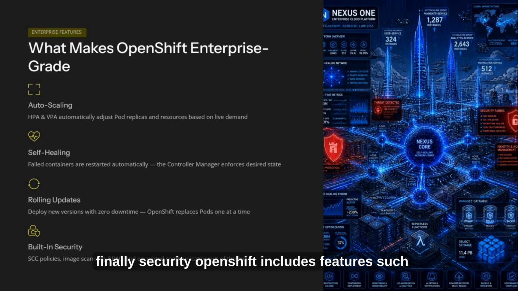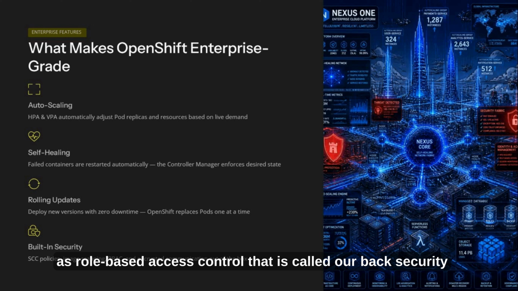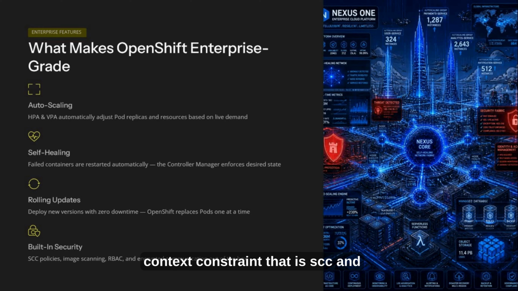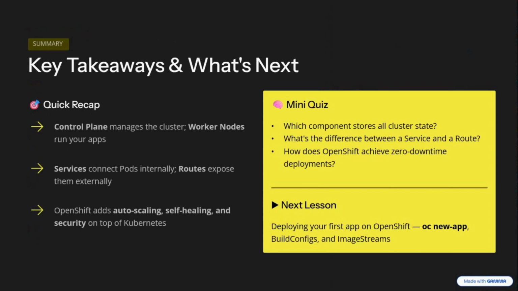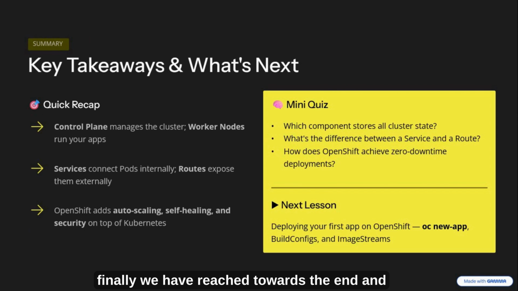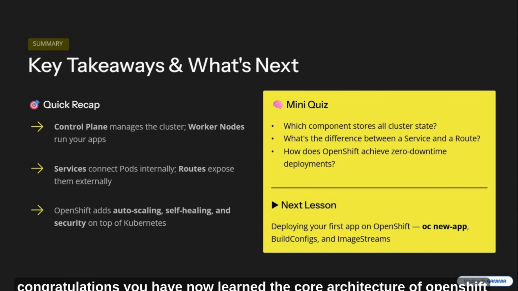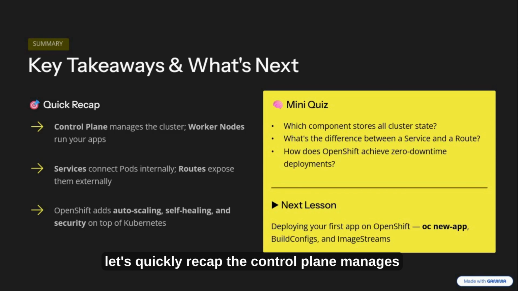And finally, security. OpenShift includes features such as role-based access control, that is called RBAC, security context constraints, that is SCC, and secure communication by default. These capabilities make OpenShift a trusted platform for enterprise environments. So finally, we have reached the end, and congratulations, you have now learned the core architecture of OpenShift.